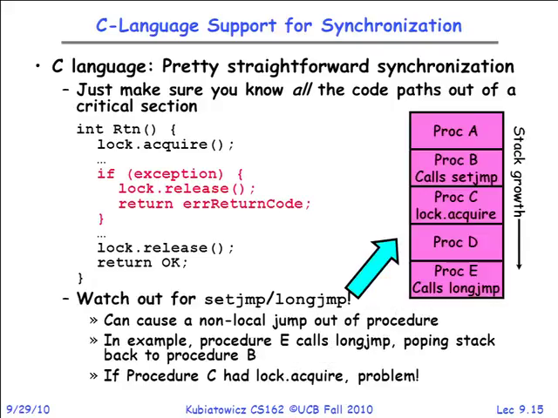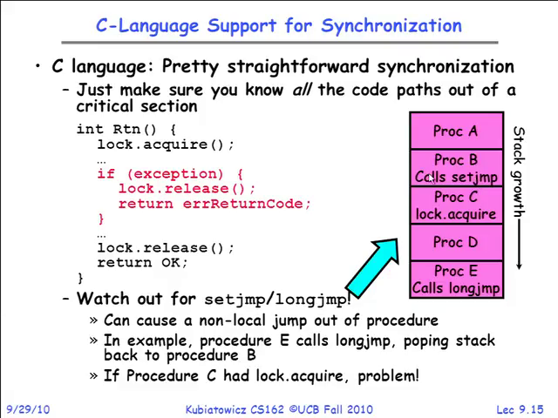Anybody here ever use setjmp or longjmp? Yeah, so you're kind of a dying breed. This is back in C, before C++ made this all cleaner. You could do something like this, where A calls B, calls C, calls D, calls E, and B calls setjmp, which is really setting up a pointer to this stack frame.